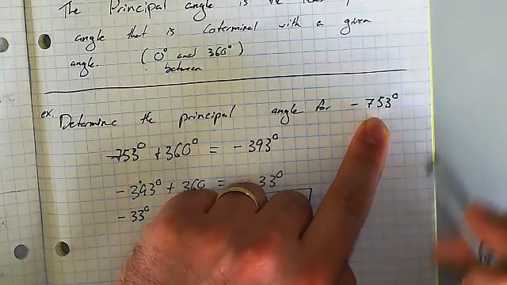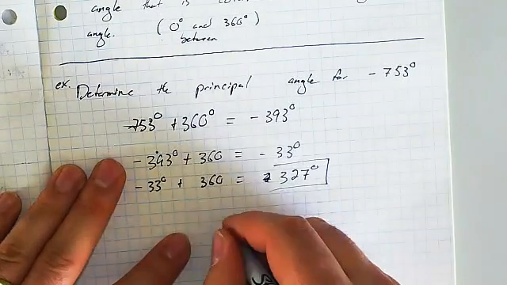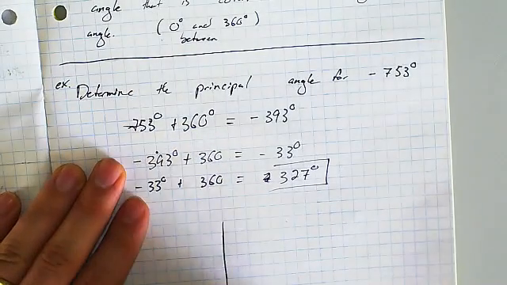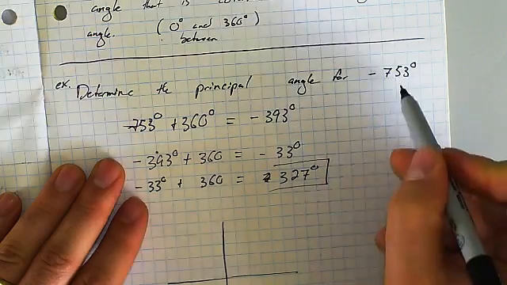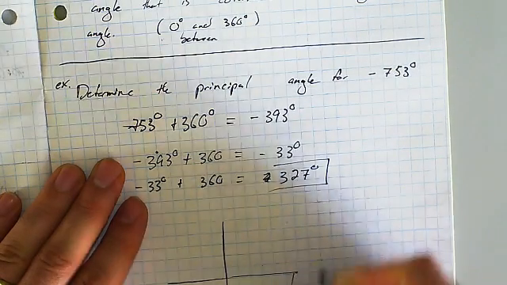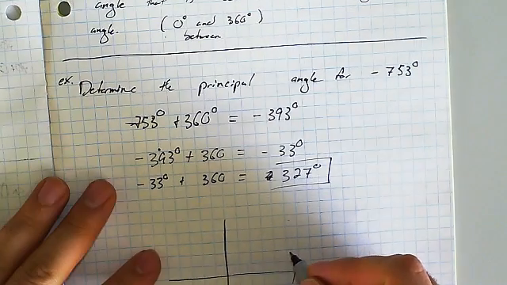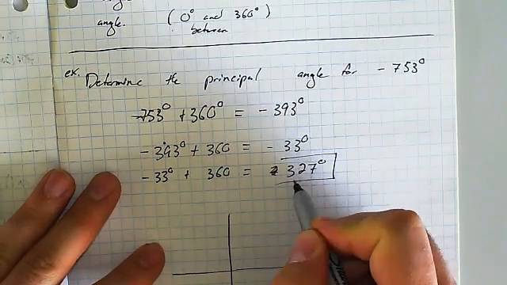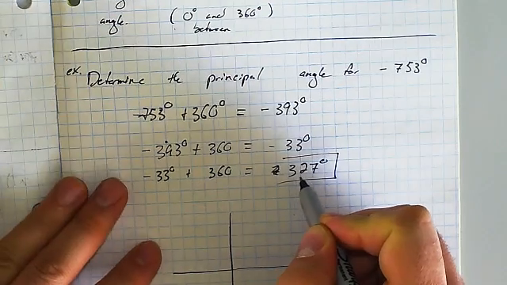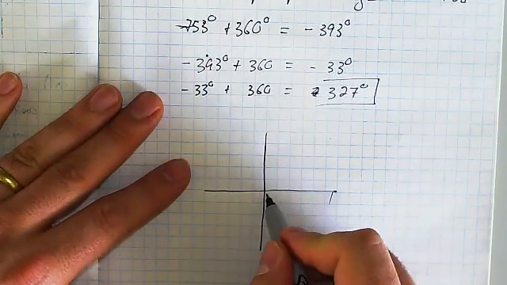Why is that useful? Because if you're given a huge angle like this, it's kind of hard to figure out what quadrant you're in. So if you're asked at the very beginning to determine the principal angle for this, you're saying, well, what quadrant am I actually dealing with? Unless you want to start from 0 and count back 360 degrees so many times, we can find out that it's in fact positive 327 degrees.